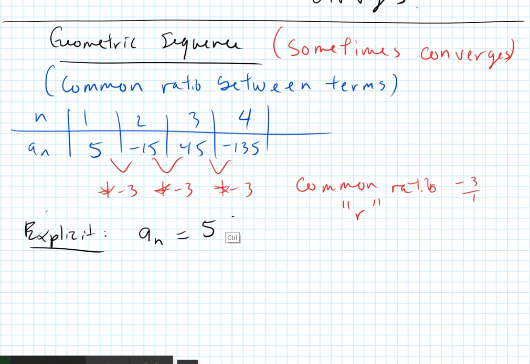And here's how I know. Because my first term was 5, that has to be 5 times negative 3 to the 0 power.